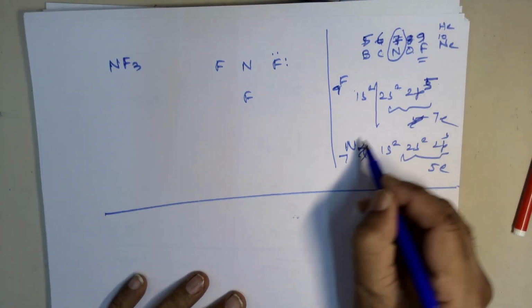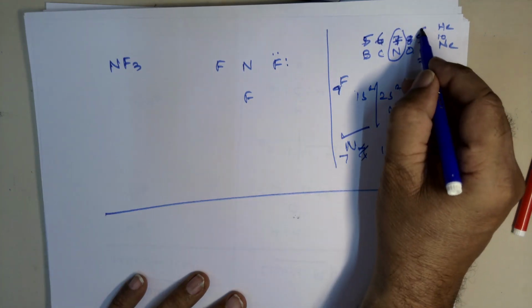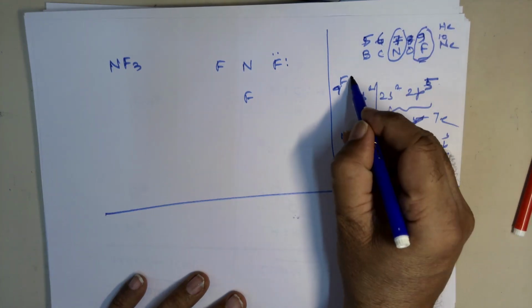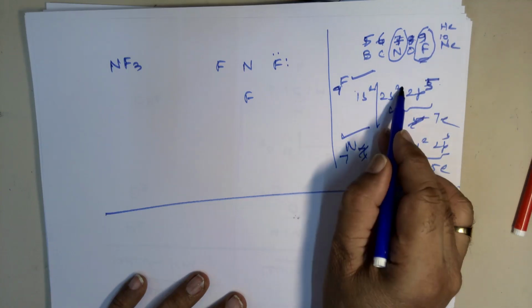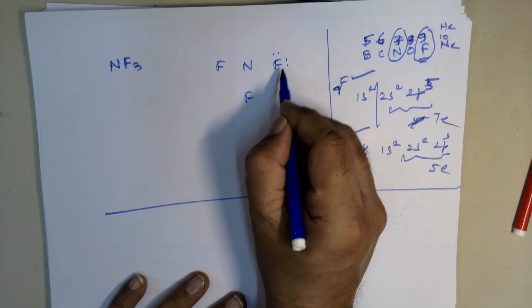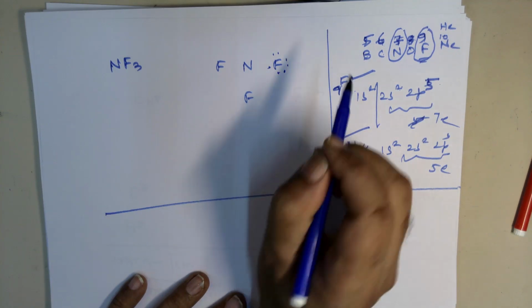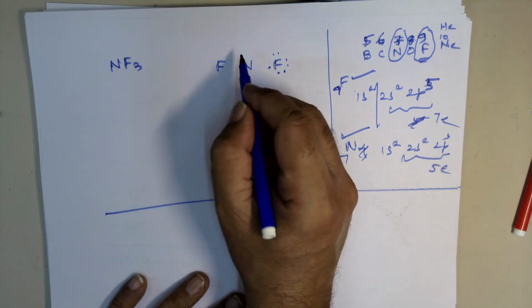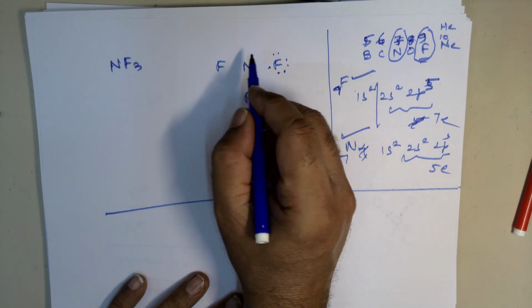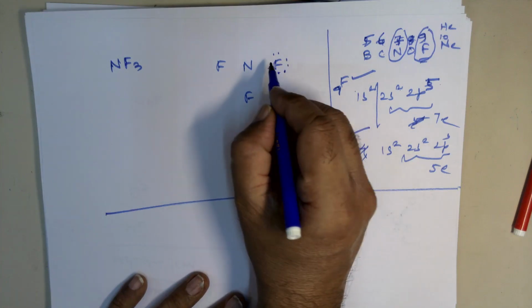So for nitrogen, I have given the electronic configuration. For fluorine, I have given the electronic configuration. So let us work out for fluorine: 5 plus 2, 7. So 2, 4, 6, put 7. And what about nitrogen? Nitrogen has 1, so we can accommodate one nitrogen here.